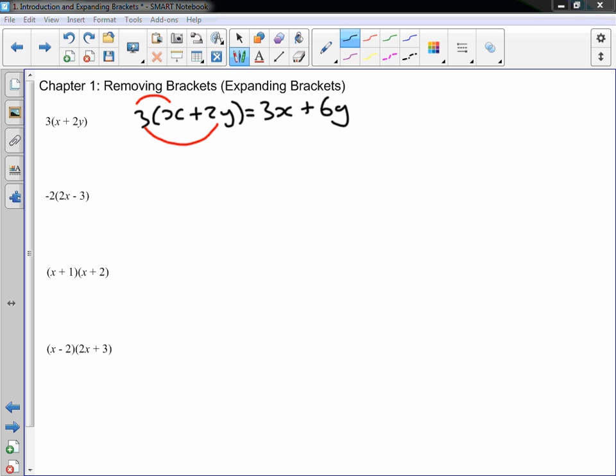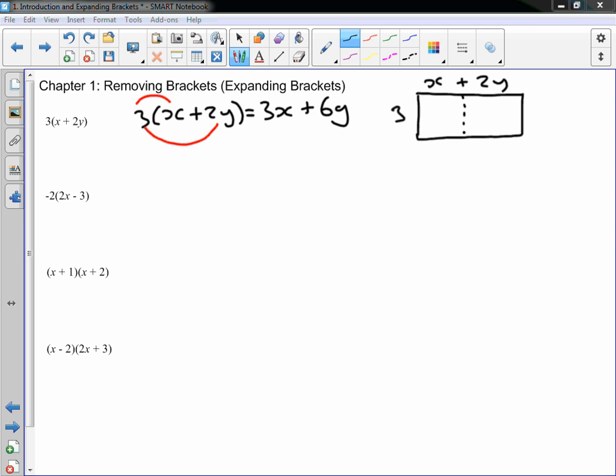Okay, the box method. Another method commonly taught at GCSE is to think of it in terms of a rectangle, where our numerical factor outside the bracket is going to be the width of the rectangle, and our factor inside the bracket, in this case x plus 2y, is going to be the length of the rectangle.